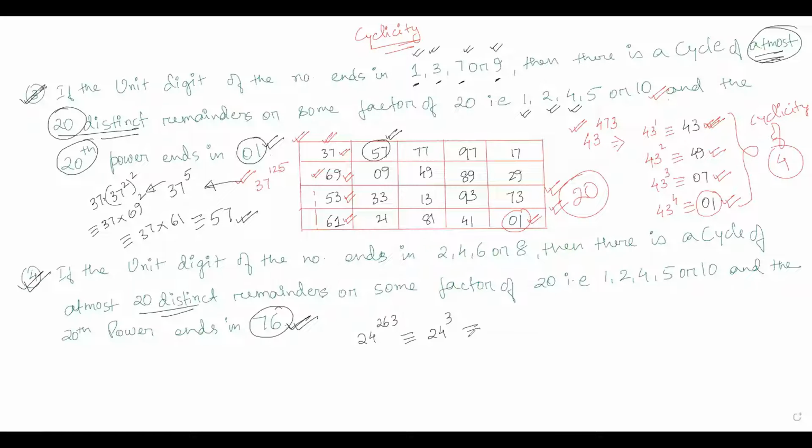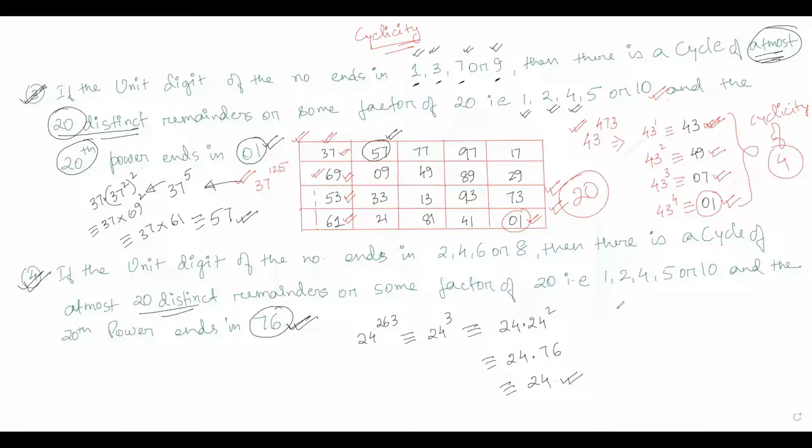So this will give us 24 times 24 square, where 24 square is 576, so the last two digits would be 76, and 24 times 76 would give us the last two digits as 24. So the last two digits of 24 raised to the power 263 would be 24.